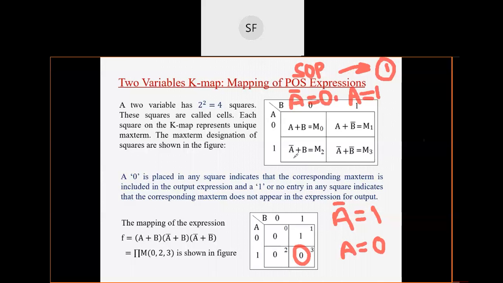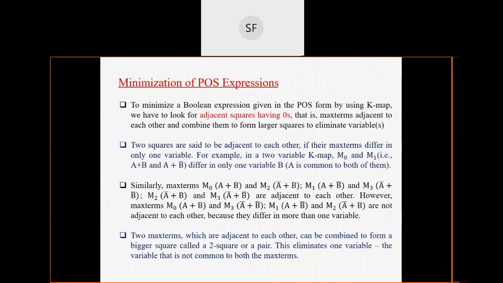Okay, so that's why we are discussing SOP and POS simultaneously, so that you will be able to understand what the differences are. All right, so now since it is clear, we will see one example. We are now in the POS expression only.